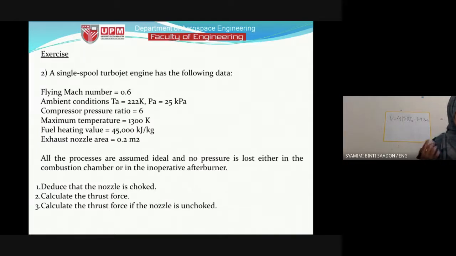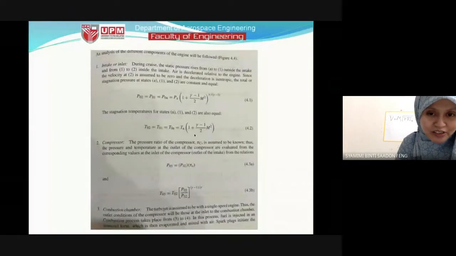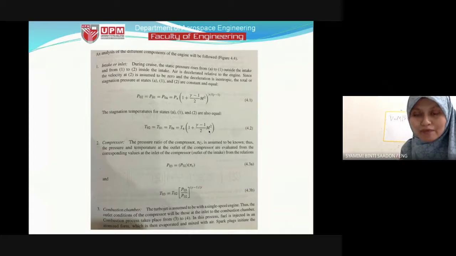Okay, then for the diffuser, 0.2, we can use the equation in the slides here. Because this time around we have Mach number, we can use this one. No need to calculate the static temperature like just now because we have Mach number.